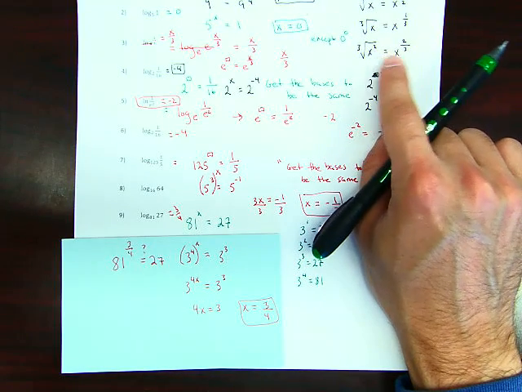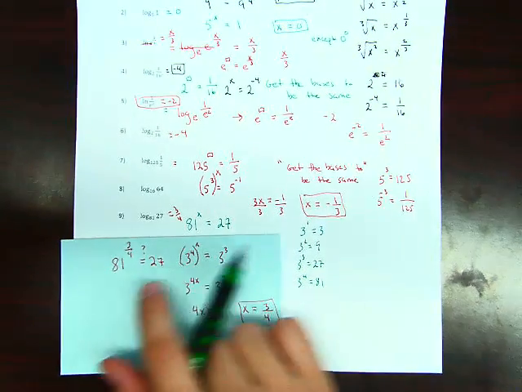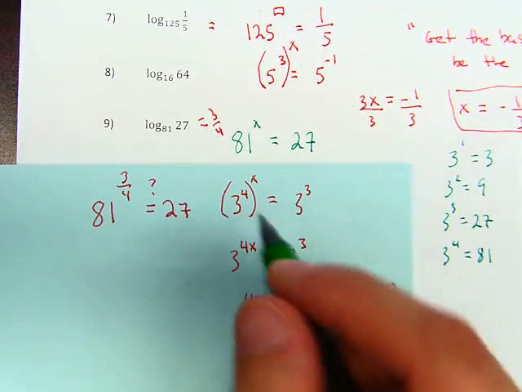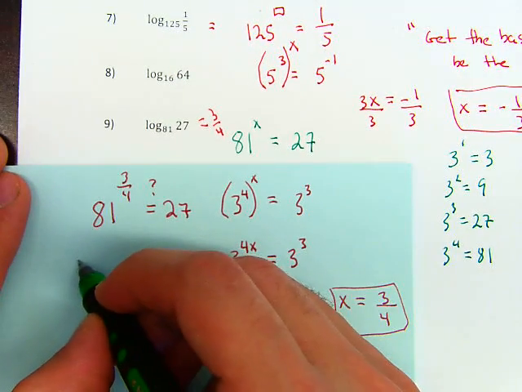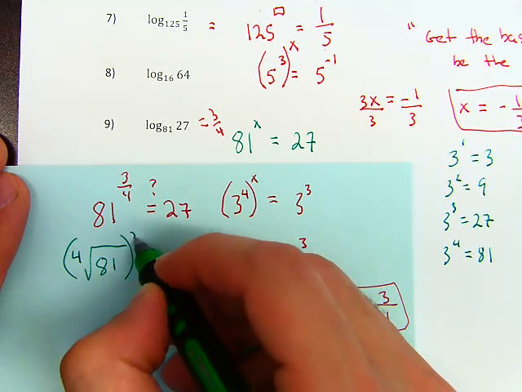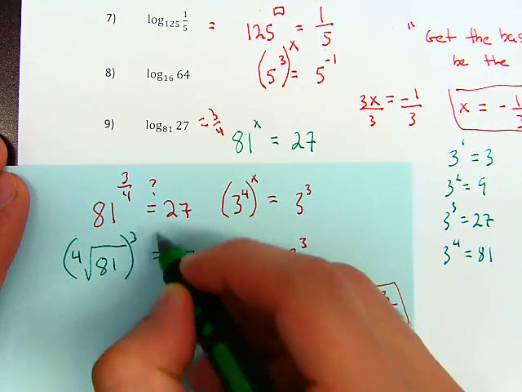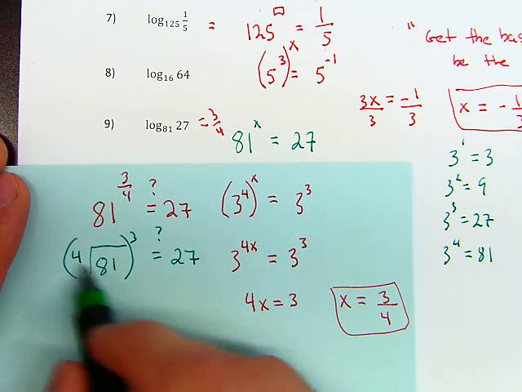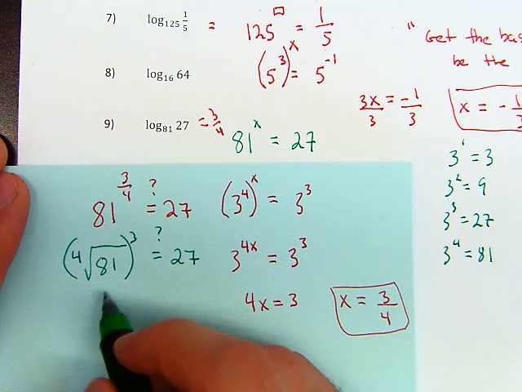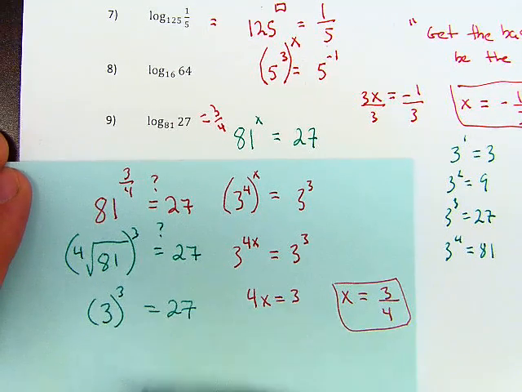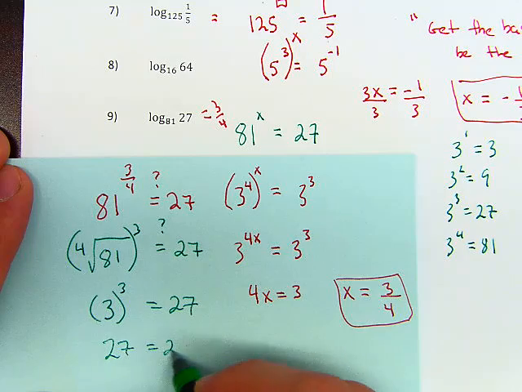So then how can we use this property to help us solve this? Notice that this is the same as the 4th root of 81, the whole thing cubed, equals 27, question mark. And here, what's the 4th root of 81? What number times itself 4 times gives me 81? It's 3. And then 3 to the 3, is that 27? Yes, 27 does equal 27.